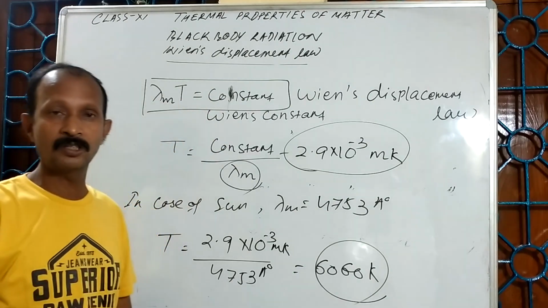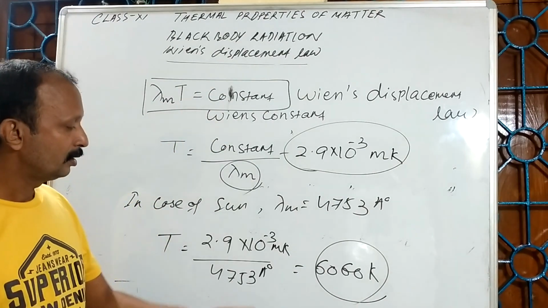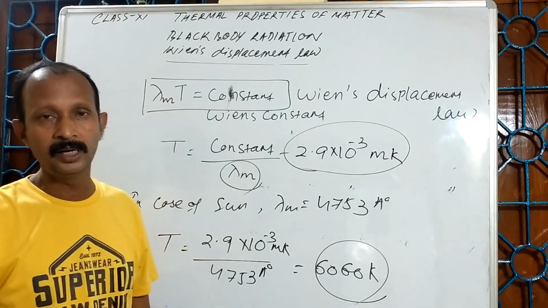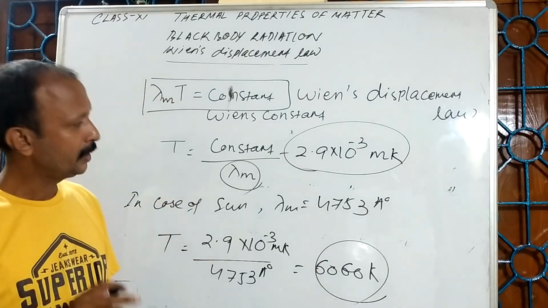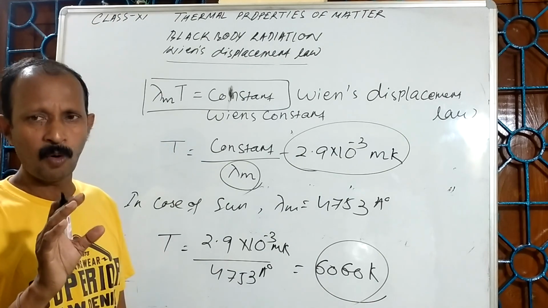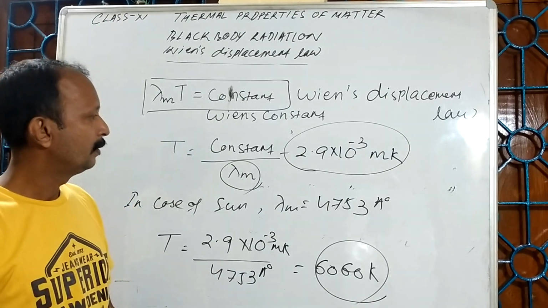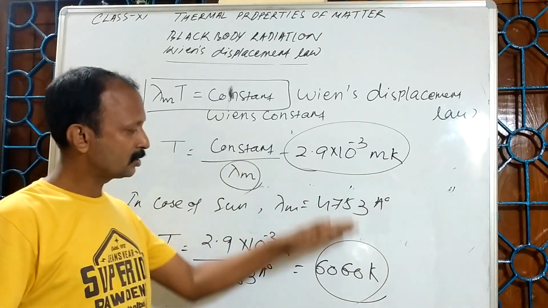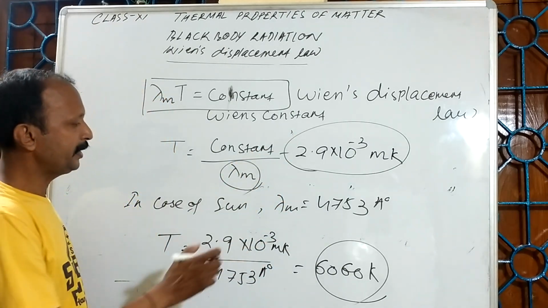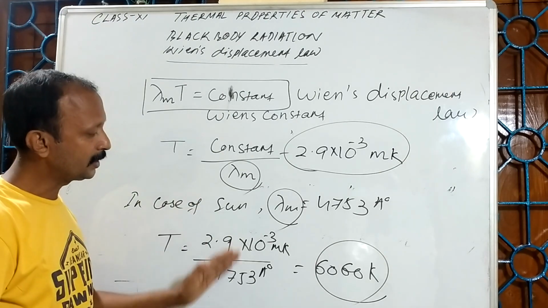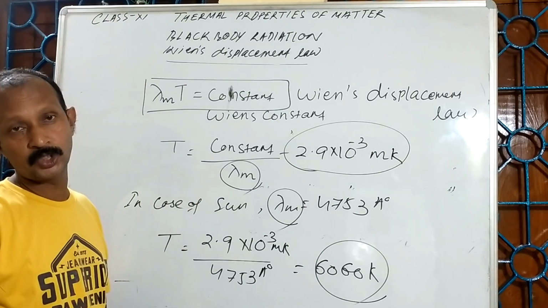That means the surface temperature of the sun is 6060 Kelvin. Not only the sun, in the case of any celestial bodies like other stars, from where the radiations are coming, if you know its lambda m, we can easily calculate its surface temperature.